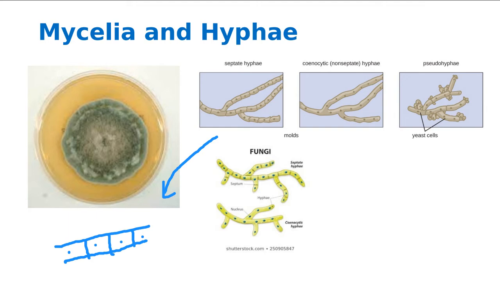The ones that are labeled aseptate have the mycelia, but then they have nuclei, and the nuclei have no separations. Okay. And the ones that are pseudohyphae are elongated yeast, right? So now you have elongated yeast.